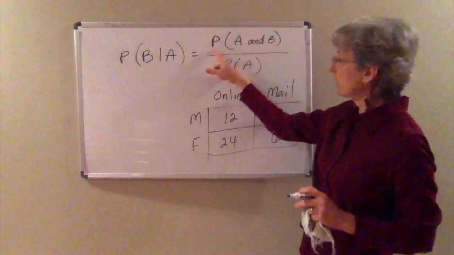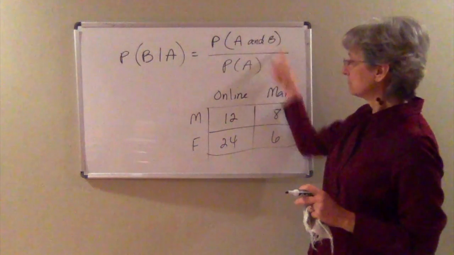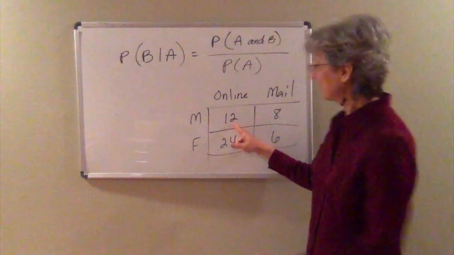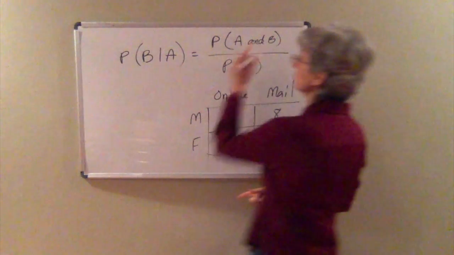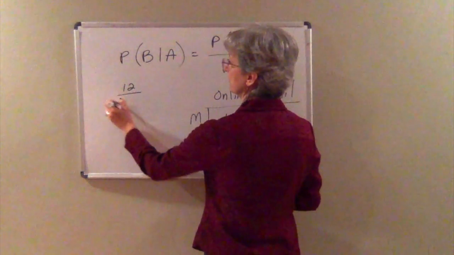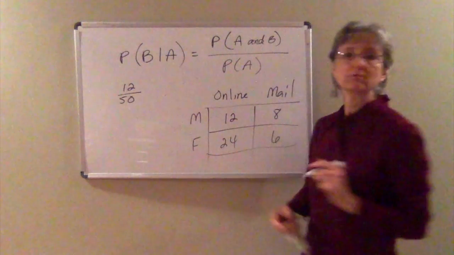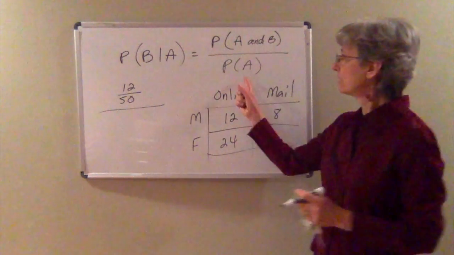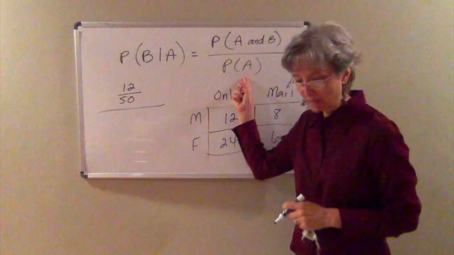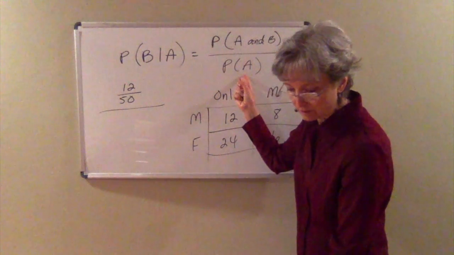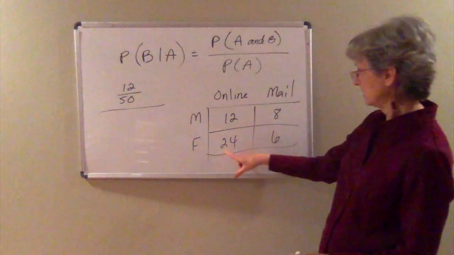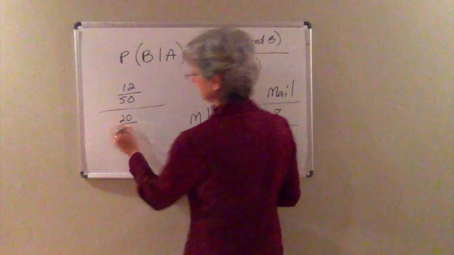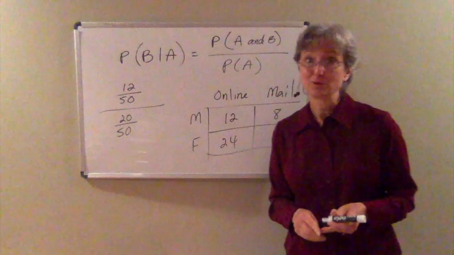All right, so the probability of A and B, male and online, is what we're looking for. That's 12 out of 50. This top number is divided by the probability that this person is male, which is 20 out of the 50. That's how you do it.